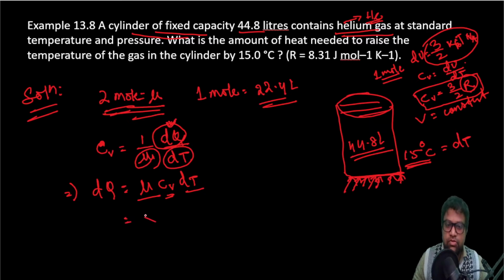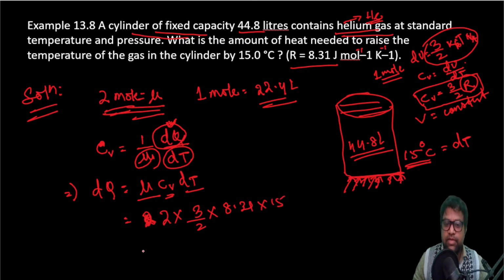Mu is 2, CV is 3 by 2 R, R is given here 8.31 joule mole inverse kelvin inverse, okay. So this is 8.31 and dT is 15.